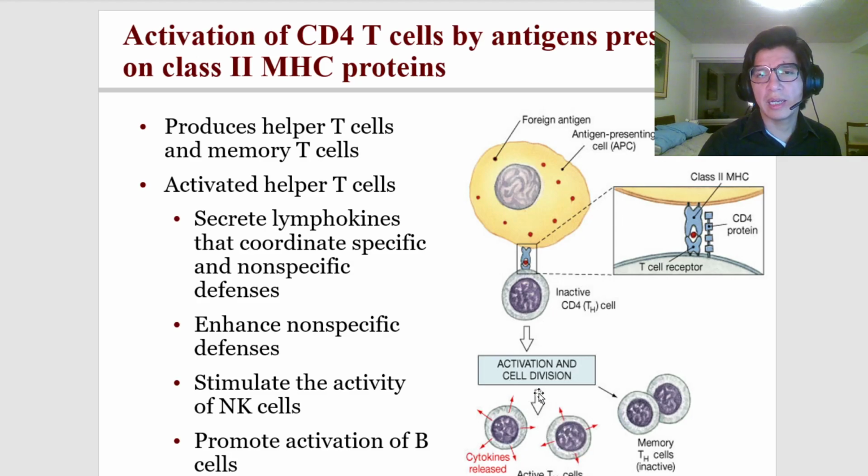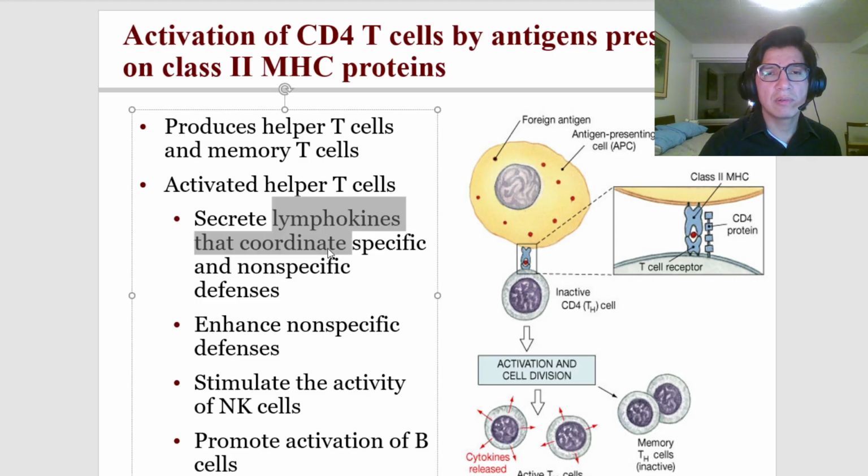So activated helper T cells will release cytokines, and there are memory helper cells. So this is what helper T cells do.